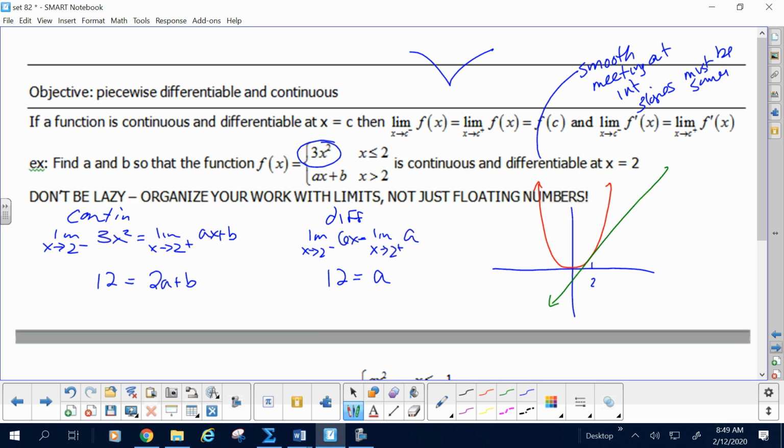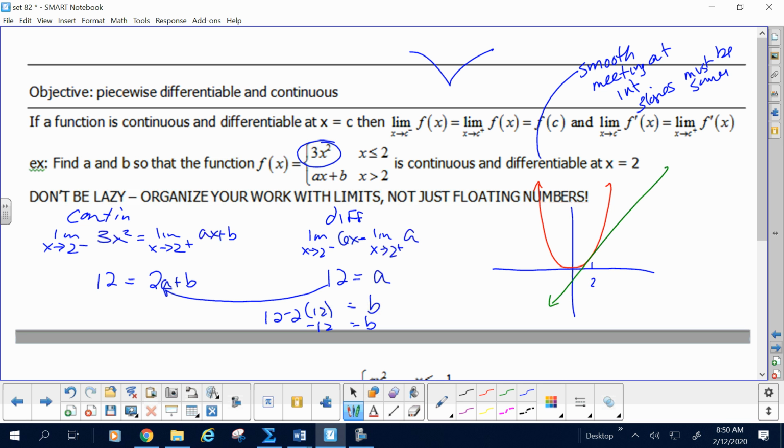Now, we also need to make the line in the right place. So if a is 12, then b is something like 12 minus 2 times 12, or negative 12. By making the line a line with slope of 12 and y-intercept of negative 12, they will meet and smoothly transition slopes.